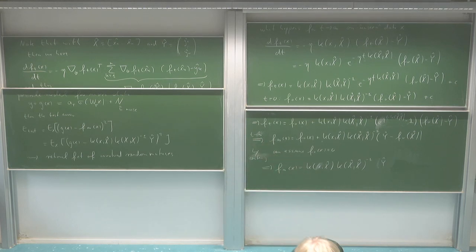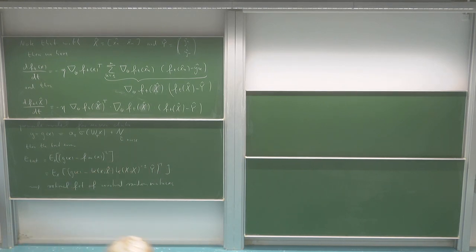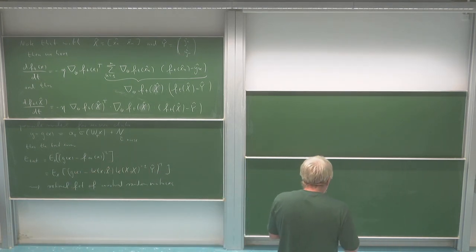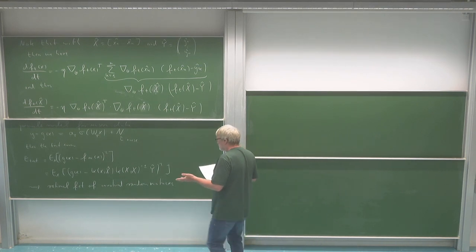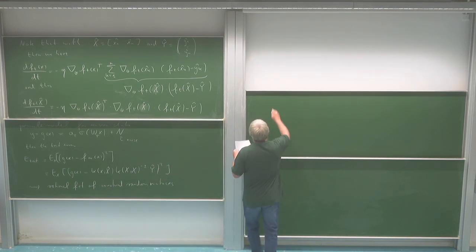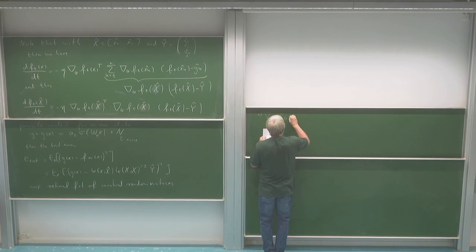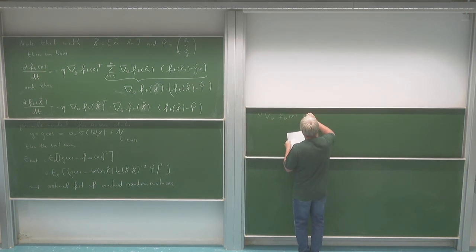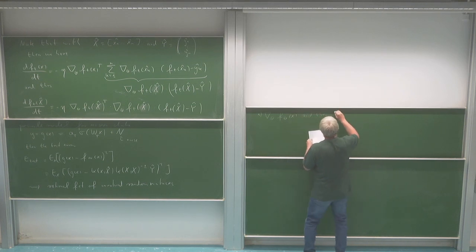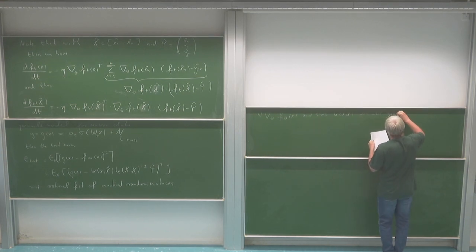And maybe we should have a look at this and should note that the kernel is given in terms of the gradient, and this gradient we can write down explicitly. So the kernel is given in terms of the gradient of f of theta of x, and those can be given explicitly in terms of the parameters.